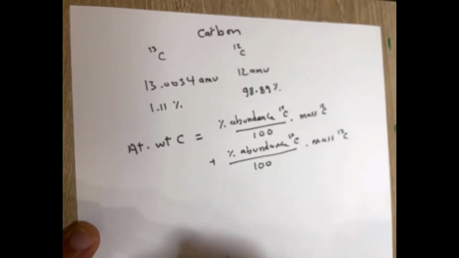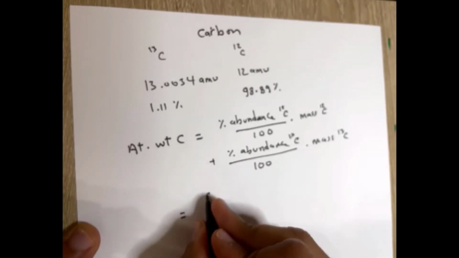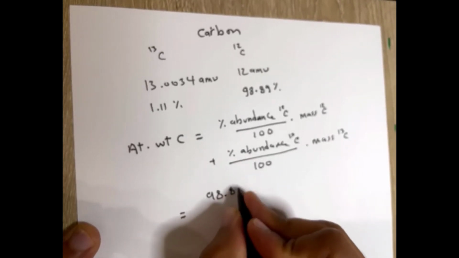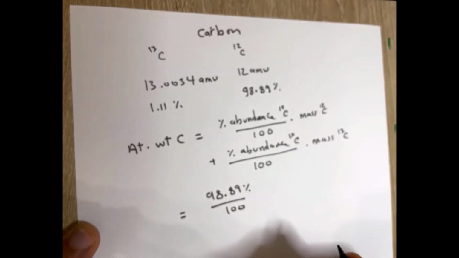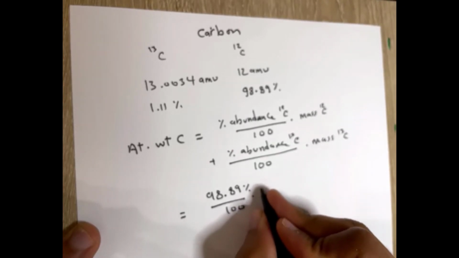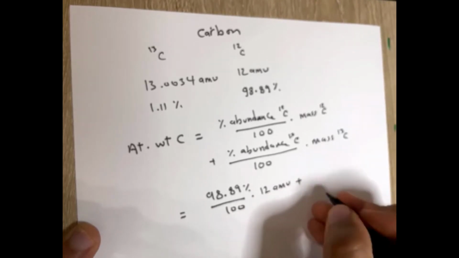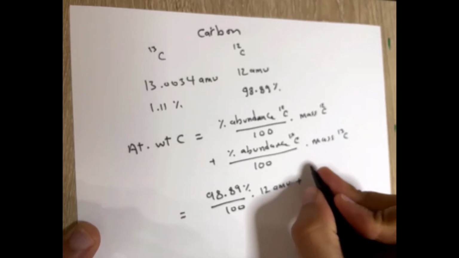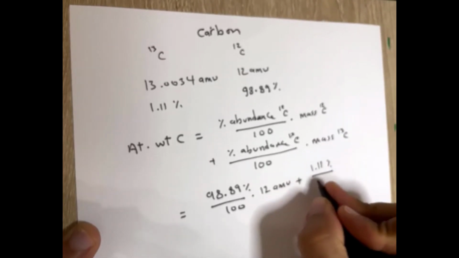Percent abundance of carbon 12 is 98.89%. Divide this by 100 to convert it to a fraction. Multiply it times the mass of carbon 12, which is 12 AMU, plus percent abundance of carbon 13 is 1.11%. Divided by 100.